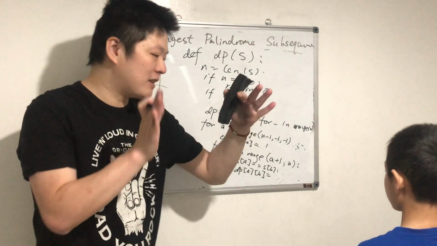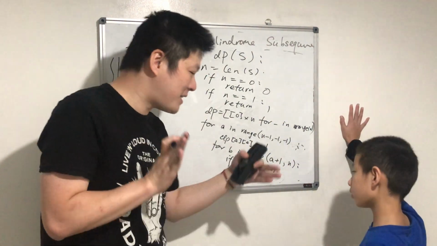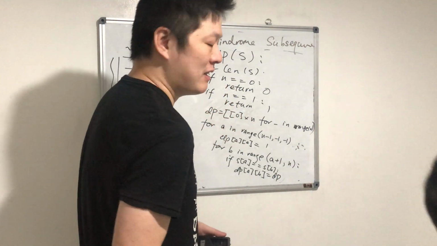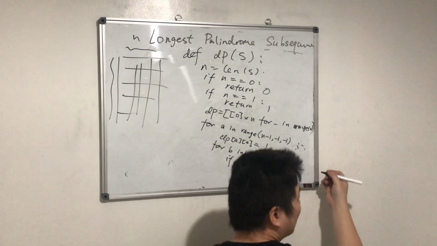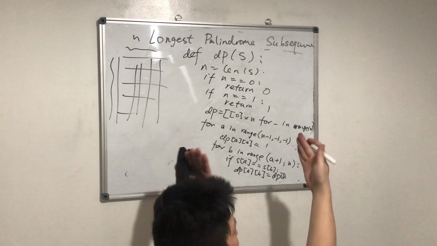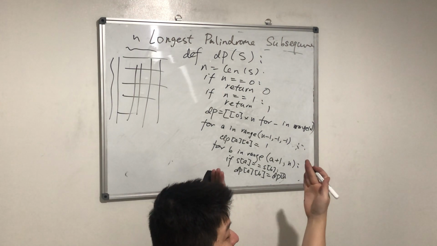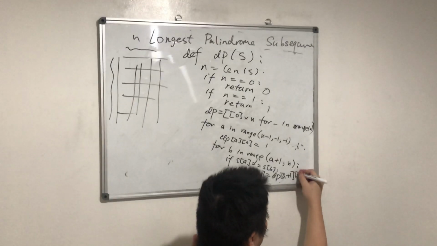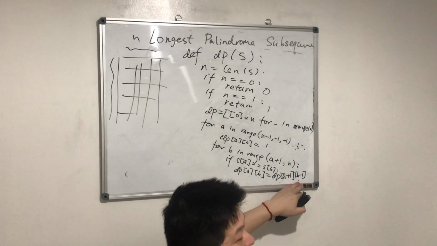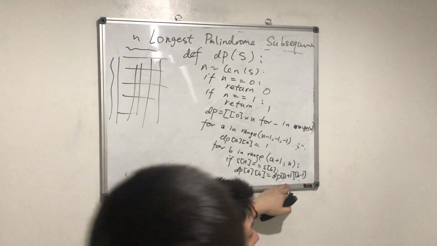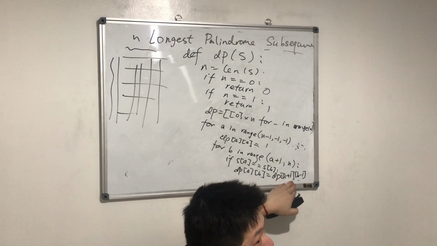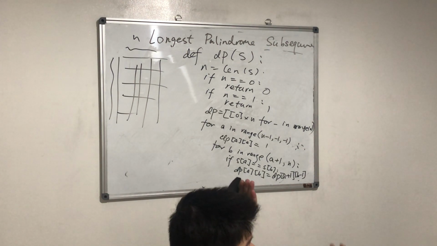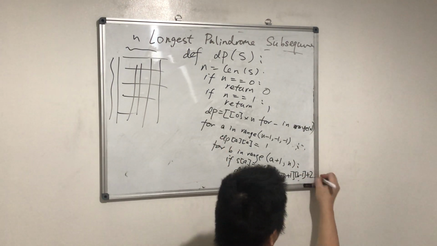If these two characters are the same, dp[A][B] equals dp[A plus 1][B minus 1], add 2. How much bigger is this than that? I just showed you 2 minutes ago. Yes, add 2.